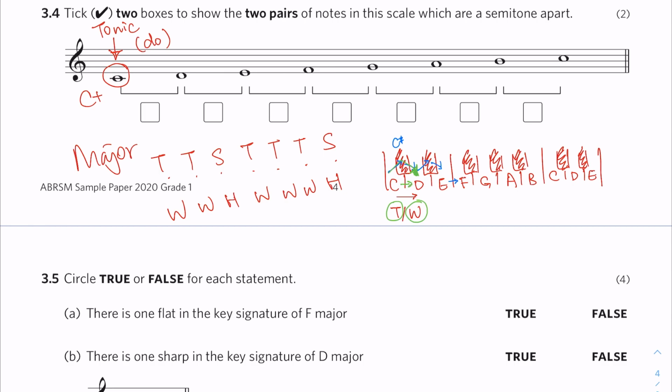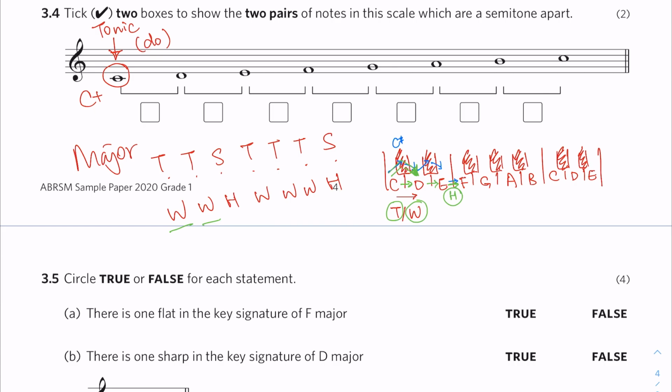Okay, so C to D is a whole tone. Then D to E has to be a whole tone. The first one is a whole tone, the second one needs to be a whole tone as well. So whole, whole. Next one, it needs to be a half. So E going to F has to be a half.